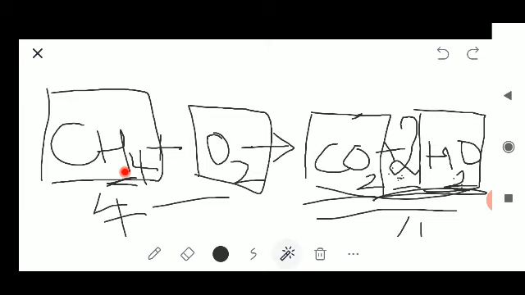Now it is our criterion to balance the oxygen atoms. So check how many oxygen atoms we have in the reactant side. Once again, we have 2 here in the reactant, whereas in the product we have 2 here as well as 2 here, because 2 and 1 get multiplied. So 2 here and 2 here. In total we have 4 oxygen atoms in the product side and 2 oxygen atoms in the reactant side.